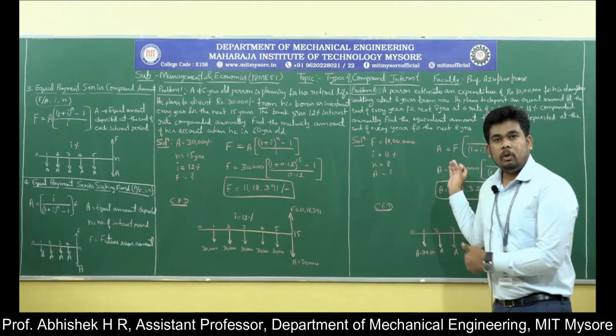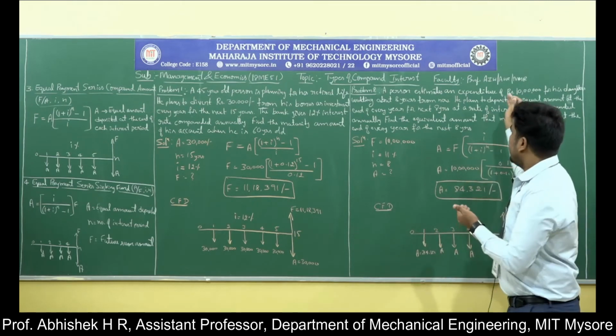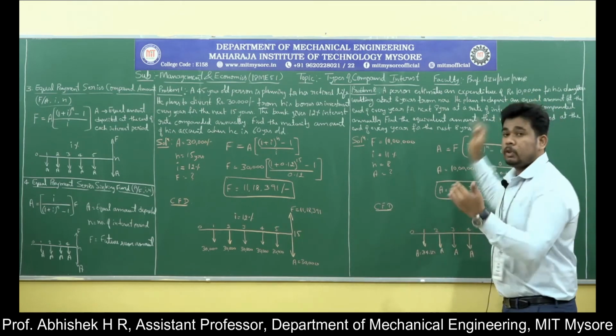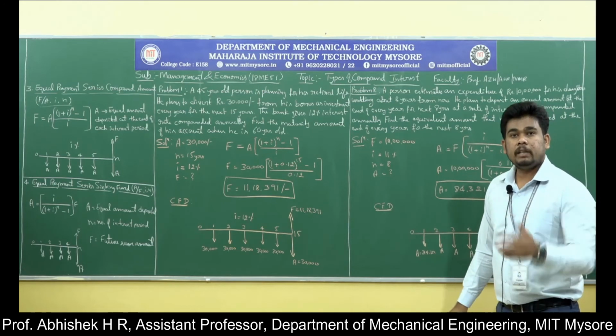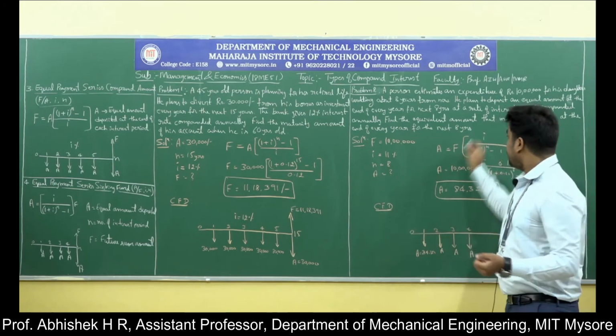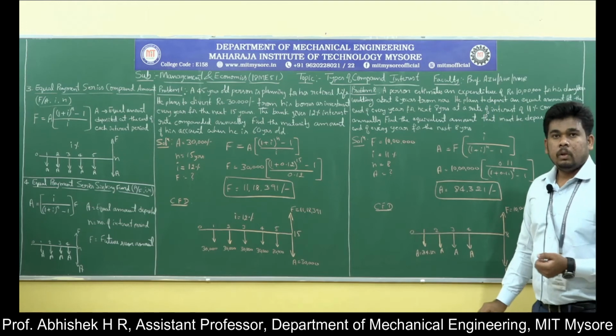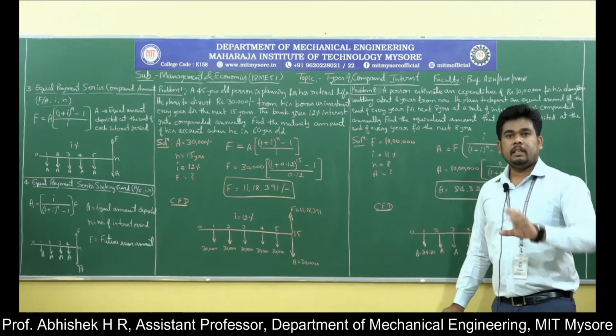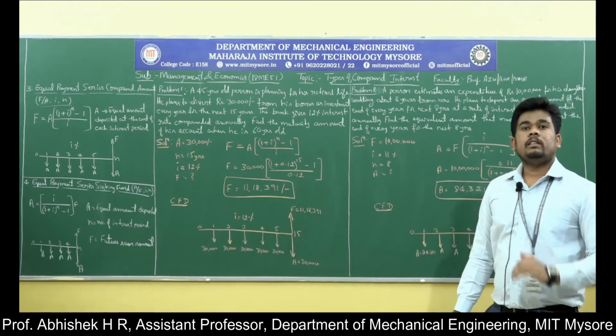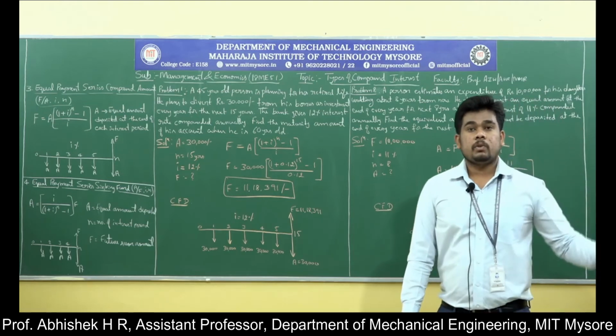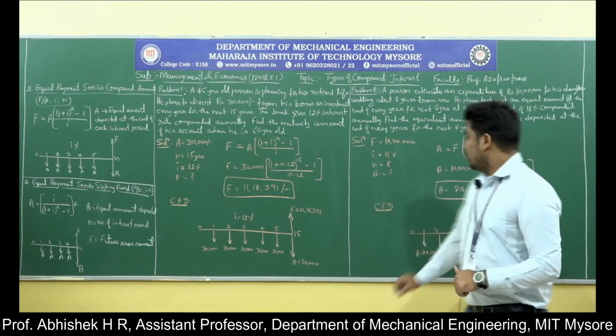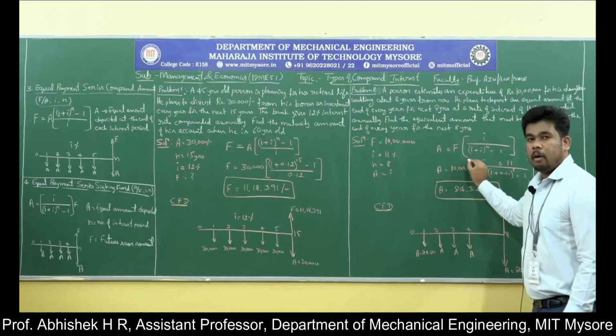Here we know the future sum of amount, that is, the person needs 10 lakhs rupees for his daughter's wedding after 8 years. So to get the 10 lakhs rupees after 8 years, what is the equal amount that he has to deposit now? For that we have a formula.